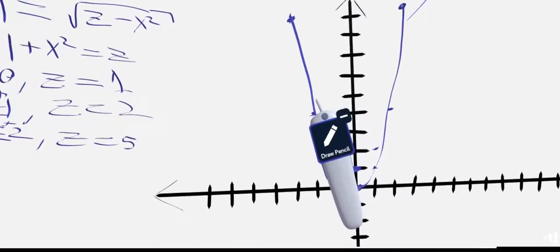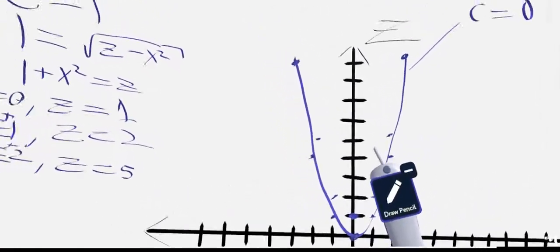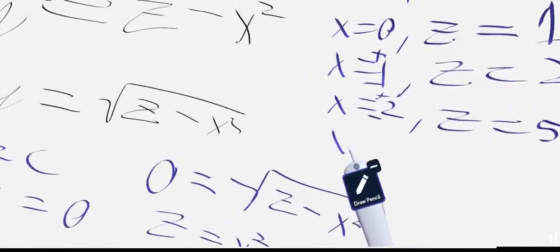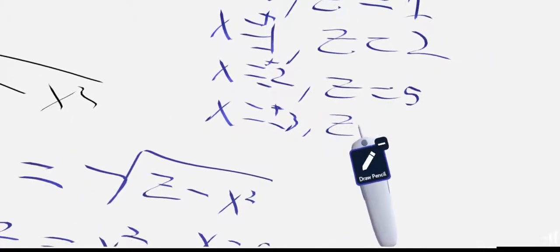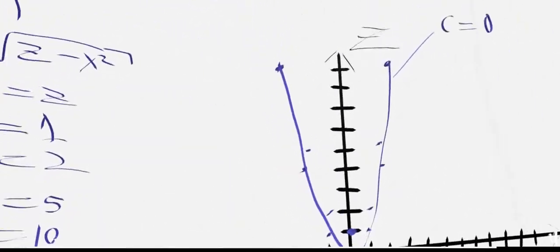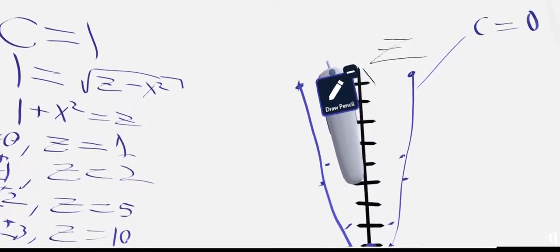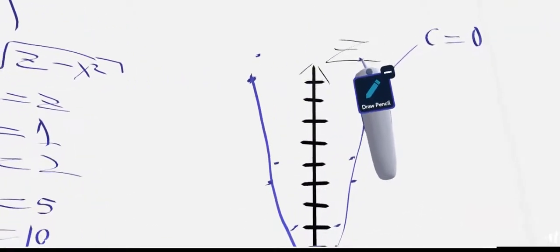So 2 and 5. Then when x is equal to positive or negative 3, z is going to end up equaling 10. So it's a little bit above the graph I drew. So 3 and 10.